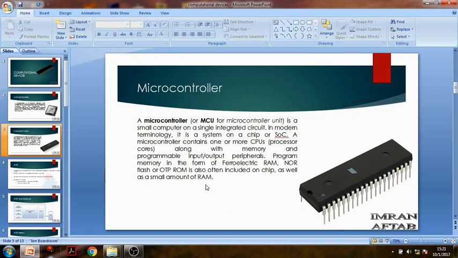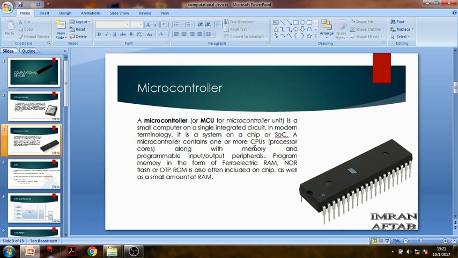That means it has everything a CPU needs to run a computer: ROM, RAM, everything embedded inside a small chip. That's why it is known as SoC, system on chip.